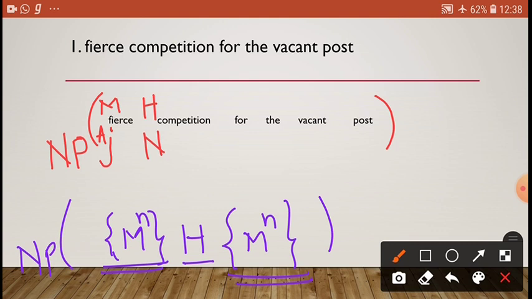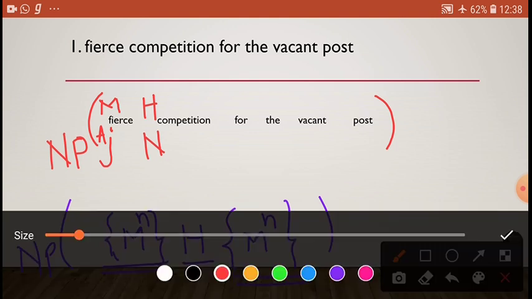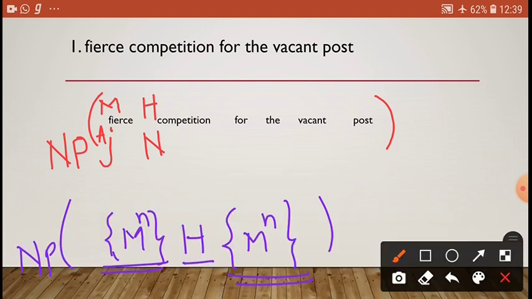Now, what about for the vacant post? You can see for the vacant post, here for starts a new phrase, okay.